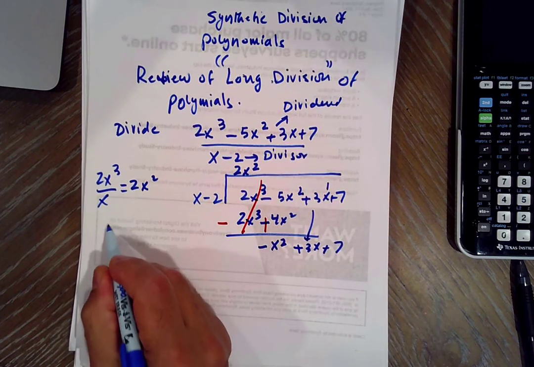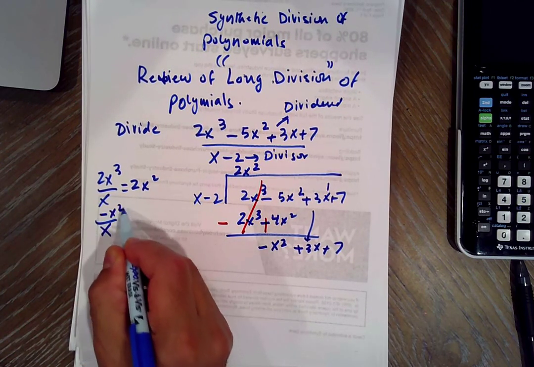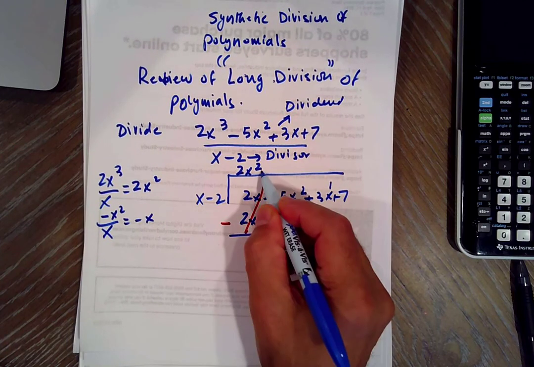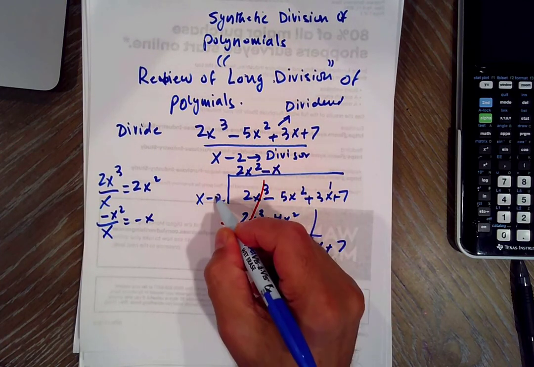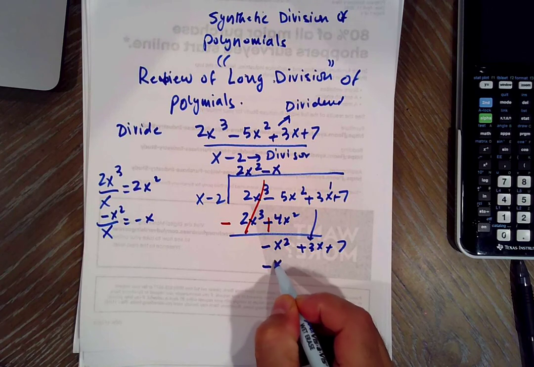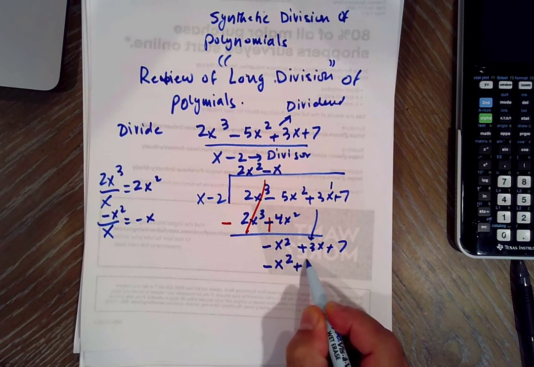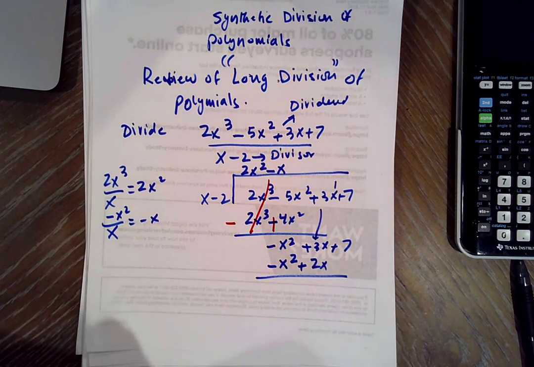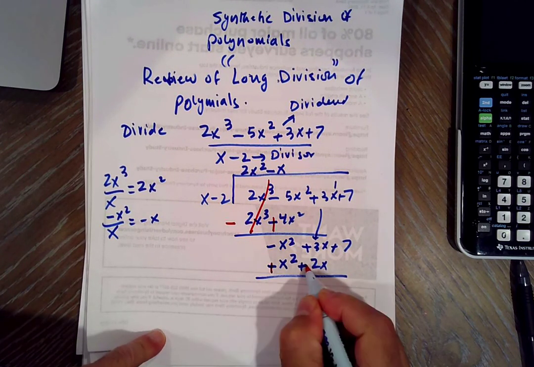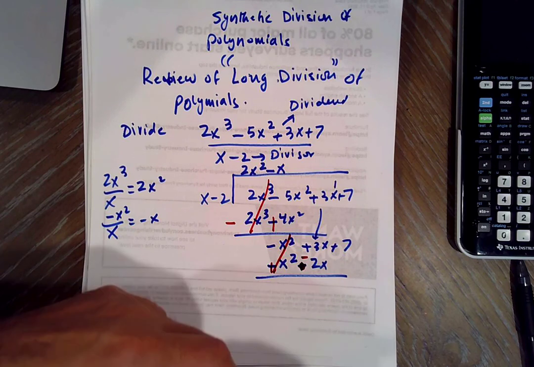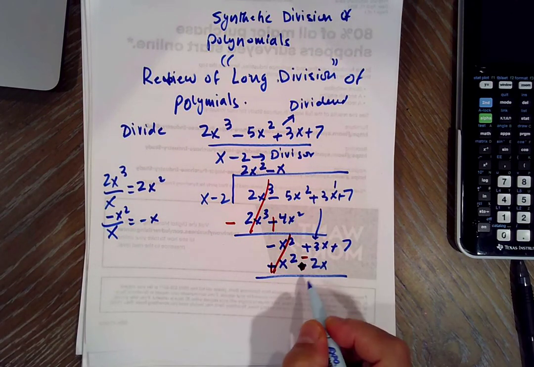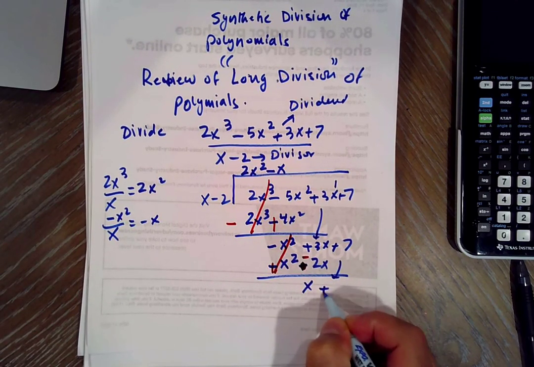And then we would repeat that. x divided into negative x squared is negative x, so we put that up there. Distribute the negative x into x minus 2: negative x times x, negative x times negative 2 is plus 2x. Switch the signs because we're subtracting the bottom from the top. 3x plus negative 2x is x. Pull the 7 down.